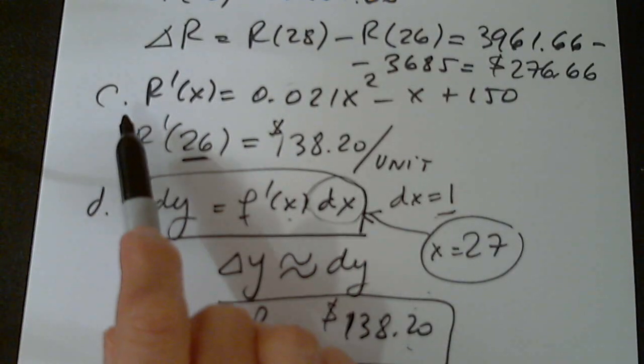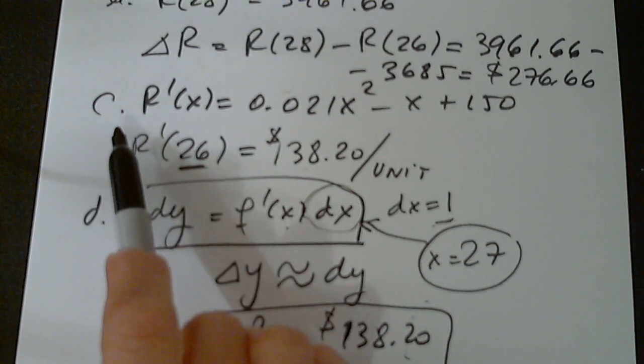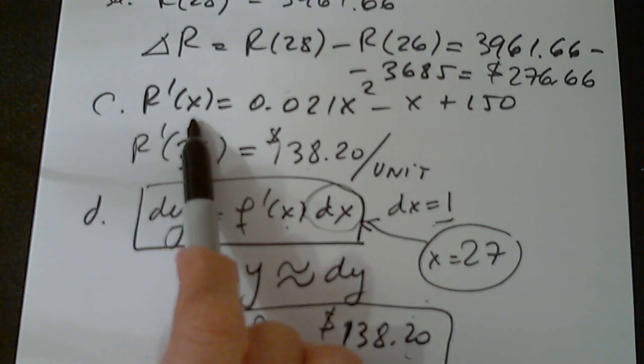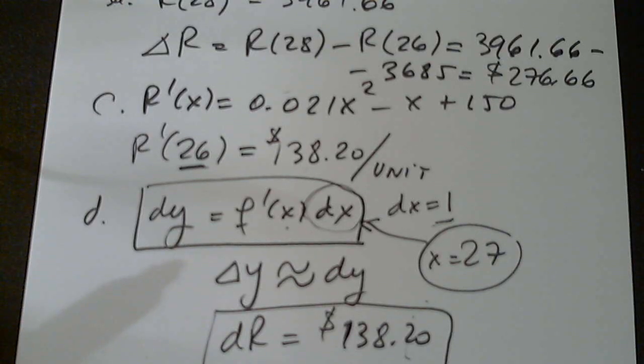Now they're saying use what you learned so far. Use the answers from part A, which is R of 26, and C, which is R prime of 26, to estimate the revenue resulting from selling 27 per week instead of 26.